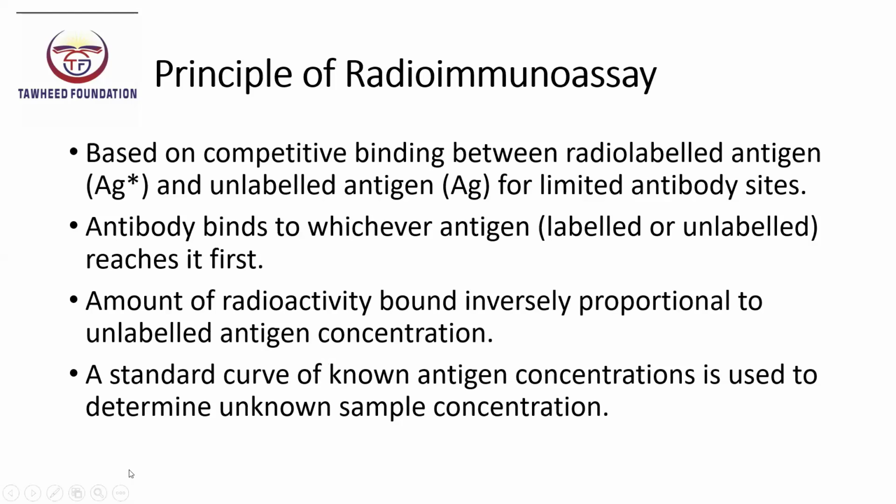To quantify result, a standard curve is constructed using known concentrations of the antigen. The unknown sample's radioactivity is then compared to the standard curve, allowing accurate determination of antigen concentration. This competitive principle forms the basis of all RIA formats.